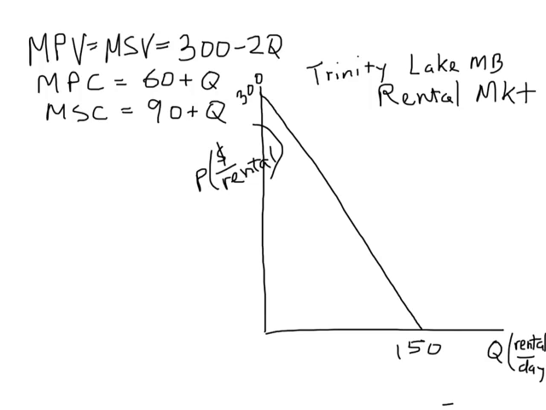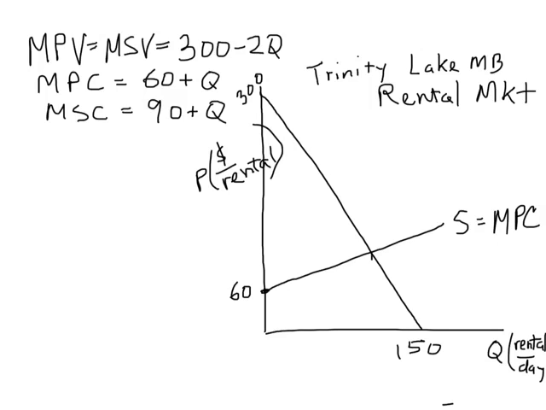All righty, then we have a bit flatter supply curve. Try to draw it roughly to scale. Don't know that I achieved that. Y-intercept of 60, a slope of positive 1, which is going to be flatter than our demand curve. I think I might have drawn it too flat. Doesn't really matter. We're going to do it algebraically. And that's the private market supply curve. Remember, that's the marginal private cost function.